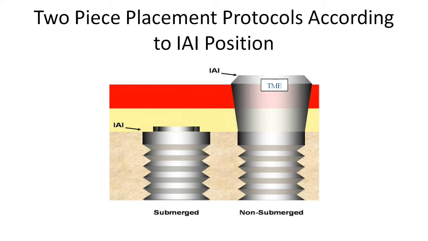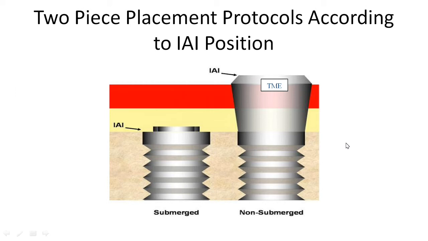So this is submerged and non-submerged. Superimposed on this is the idea of a one-stage placement or a two-stage placement. Obviously, this implant here is designed primarily for a non-submerged one-stage placement.